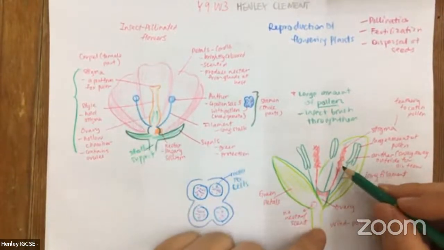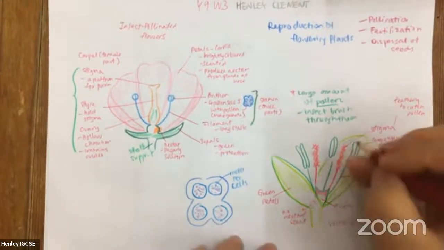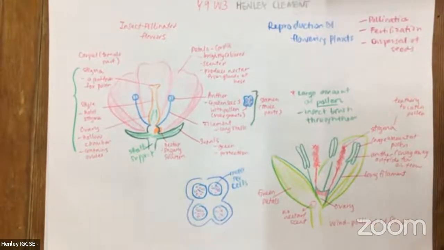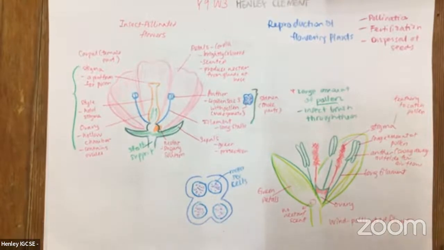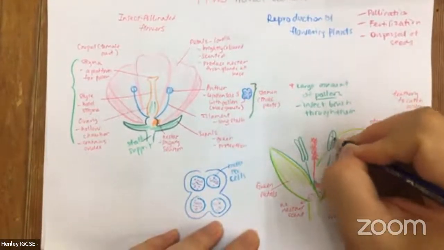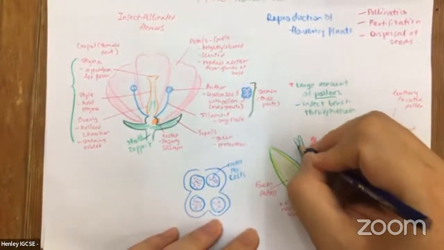Can you see the stigma is different? This stigma looks feathery. And then this is the anther. This anther has a large amount of pollen on it.